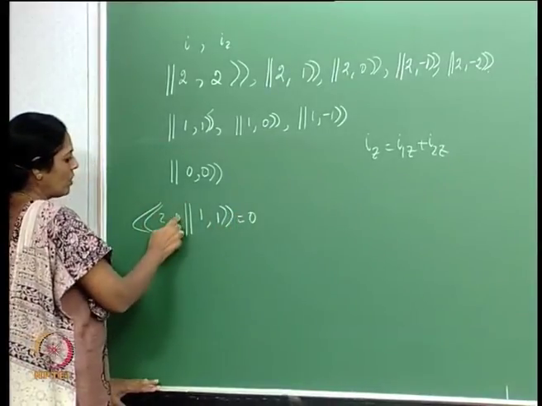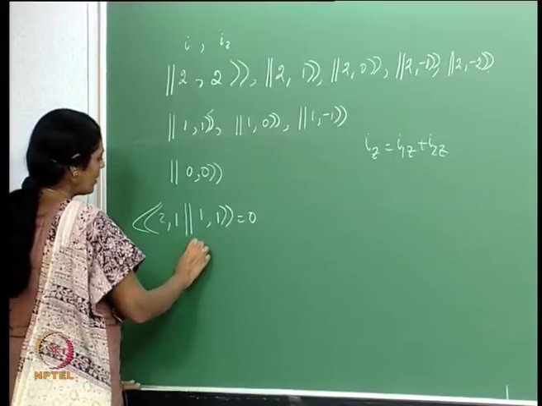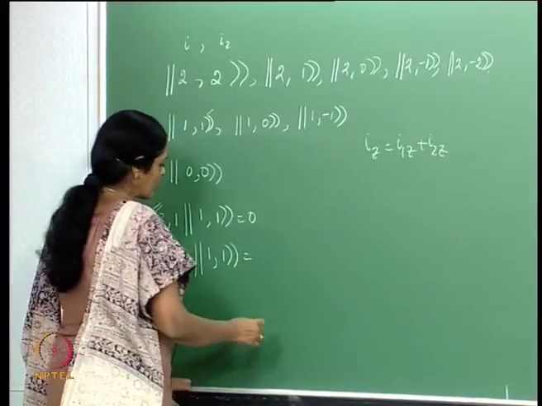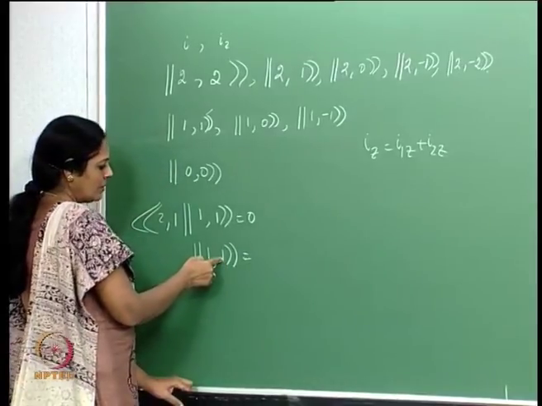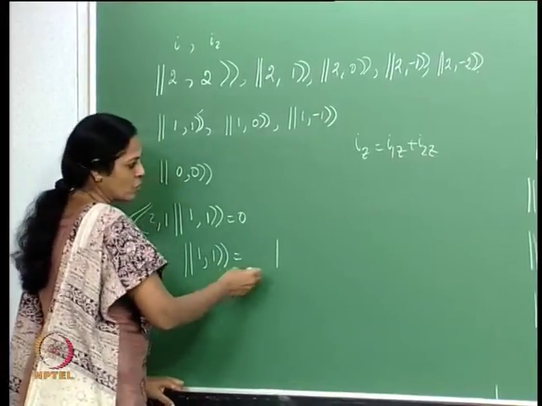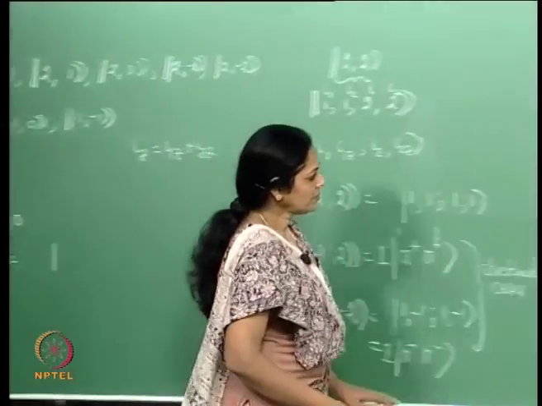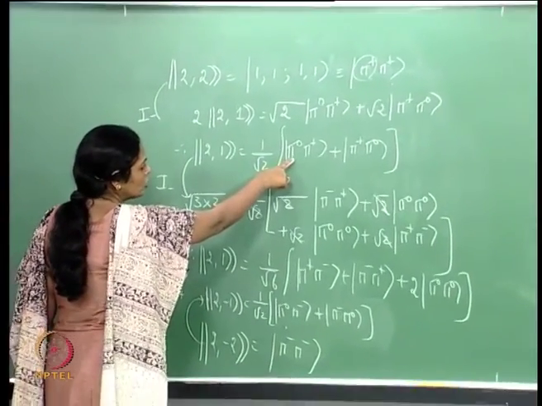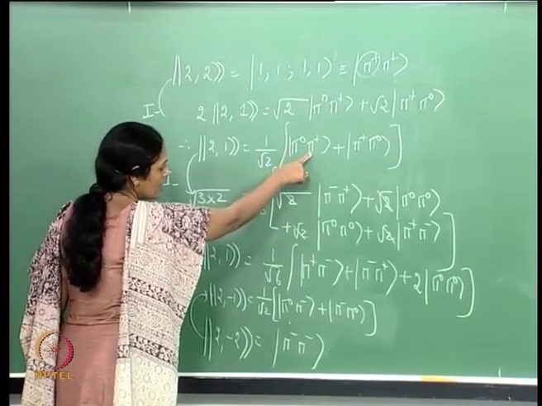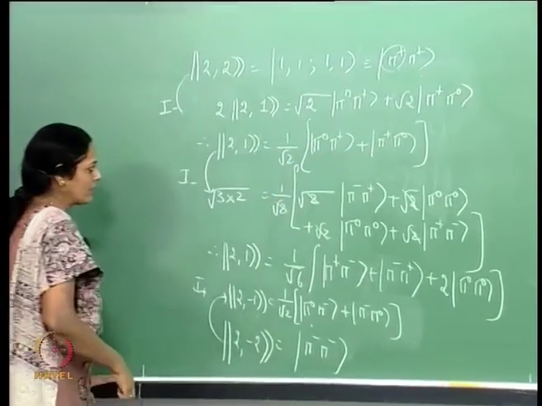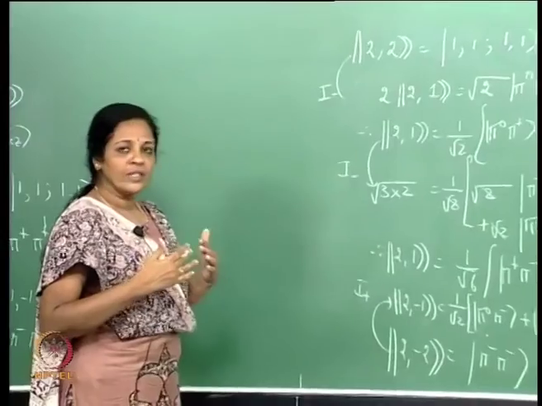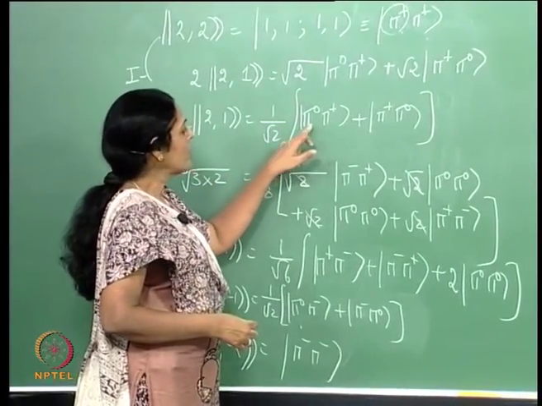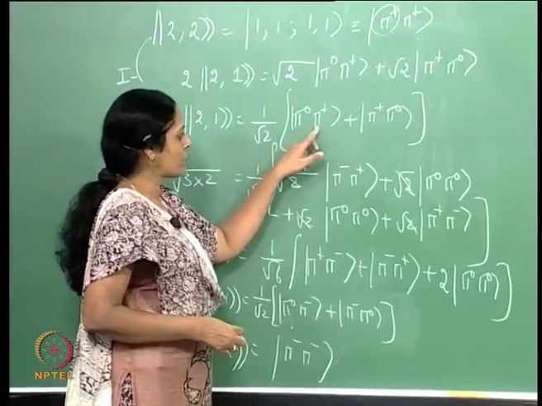And I know 2 comma 1. I know that 1 comma 1 is expanded in the following manner, similar to 2 comma 1. It will get a contribution from the state pi naught pi plus, also from the state pi plus pi naught. I wish to re-emphasize the fact that by this we mean pi naught from the first beam and pi plus from the second beam.